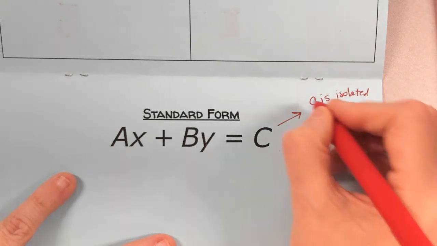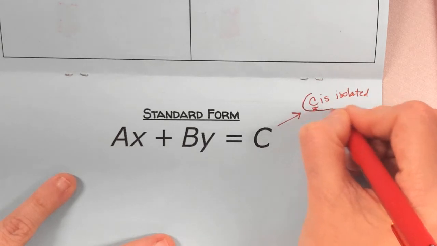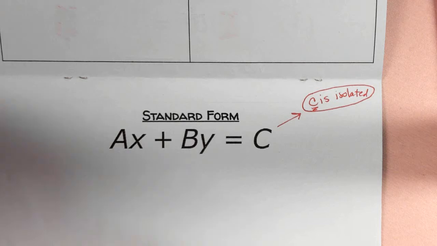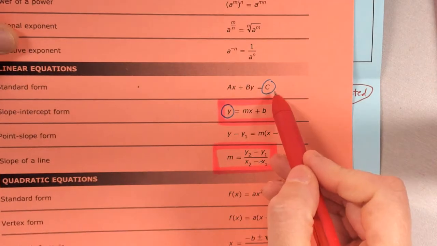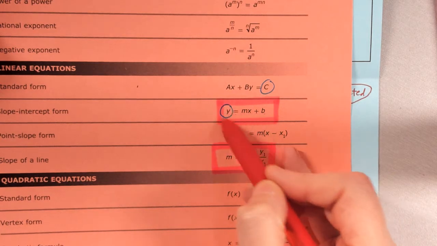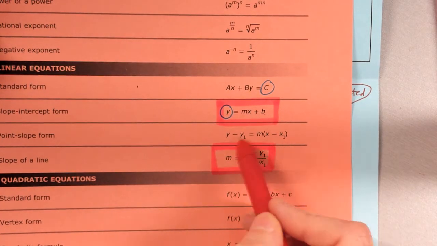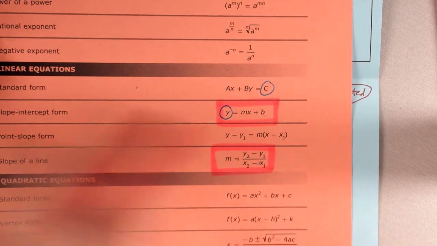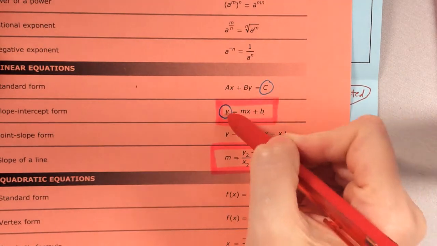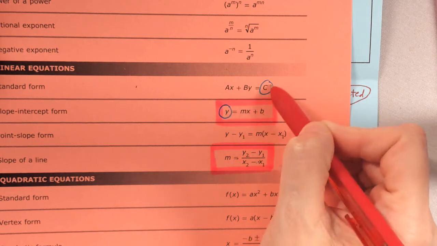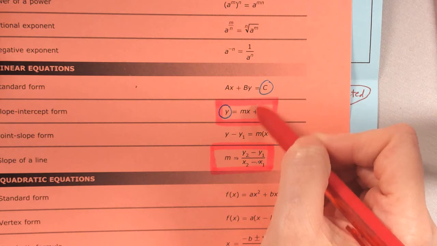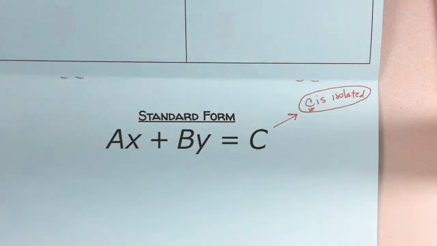In standard form, C, which is the constant, just the number, is isolated, and in slope-intercept form, y is isolated. And we talked about how, day before yesterday, in point-slope form, nothing's isolated. There's just all kinds of stuff everywhere. But since we've got something isolated in these two forms, I can convert between them pretty easily. That's one of the things we're going to learn about today.